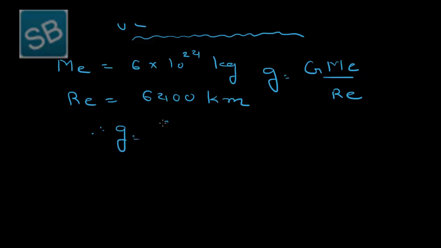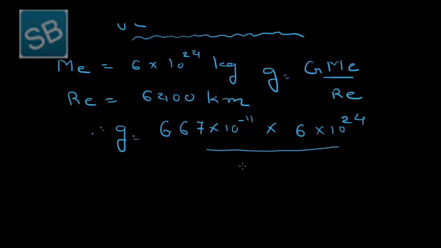Therefore, g equals 6.67 into 10 to power minus 11 into 6 into 10 to power 24, divided by 6400 kilometers squared. So 6400 into 6400. We may keep the kilogram as it is, but this kilometer I can convert into meter, so it is 10 to power 3 into 10 to power 3 again.